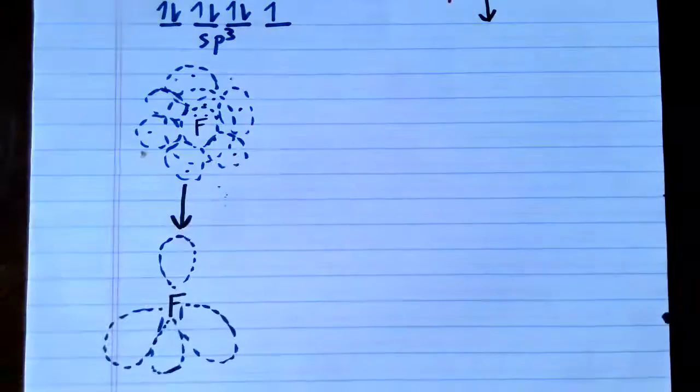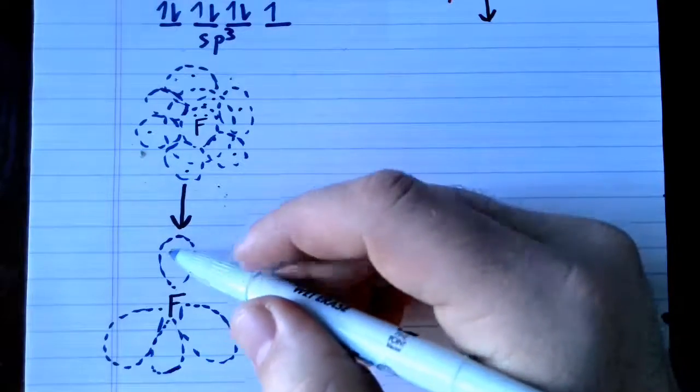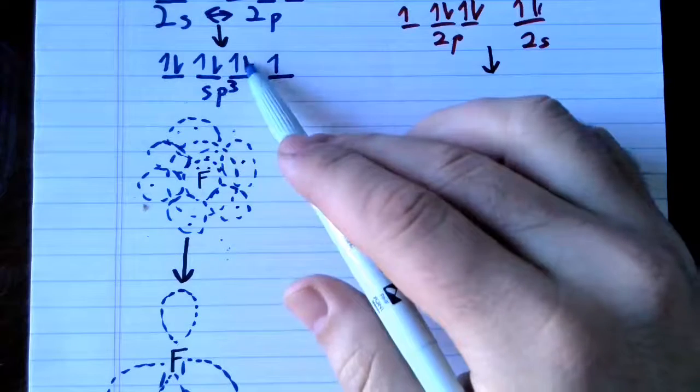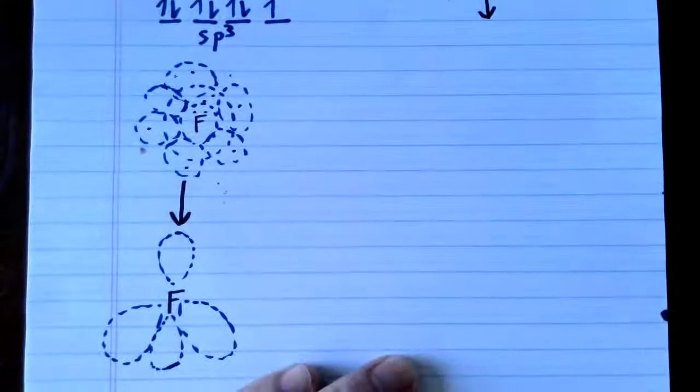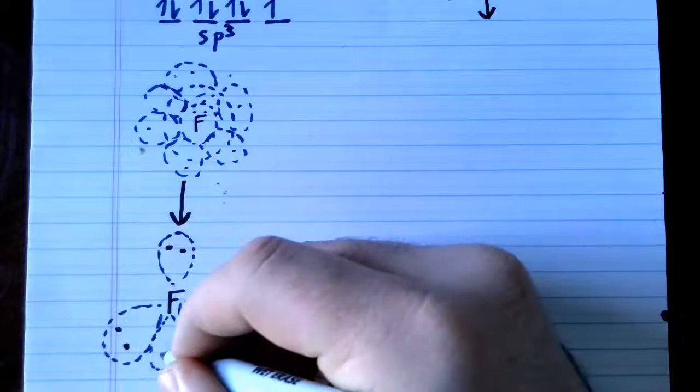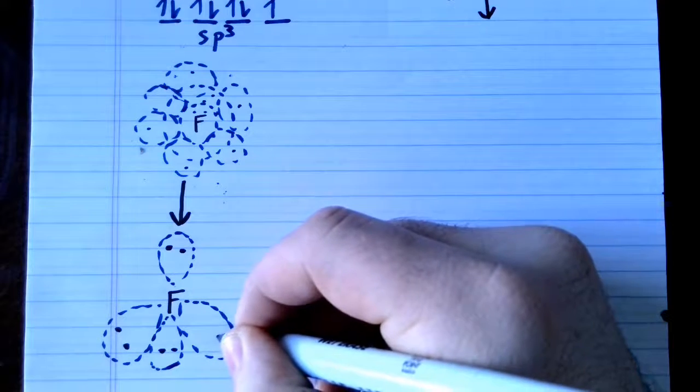Imagine that this one is coming out of the page. So this sets up a structure more like this. Okay? And so now my electrons are in these hybridized orbitals. I've got 2 in 3 of them and 1 in the 4th one. So let's put electrons in there. So I've got 2 electrons hanging out here, 2 here, 2 here, and 1 here. Okay?